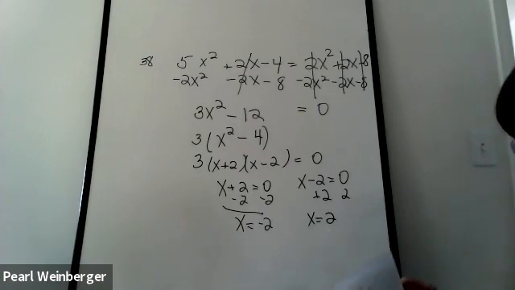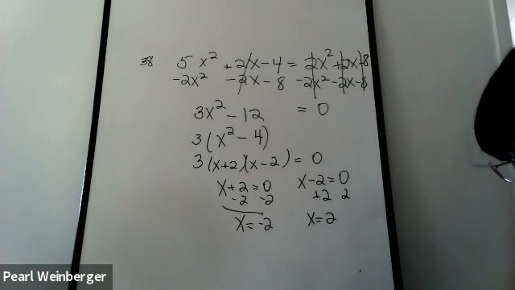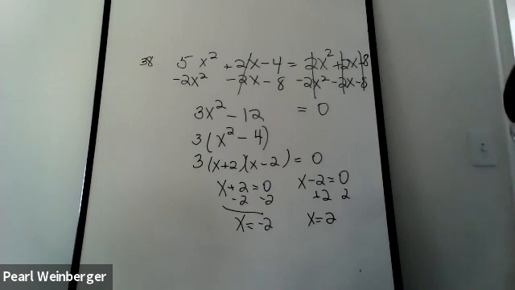I'm going to remind you that the topics that we've learned so far that are going to be on this test are systems of equations and polynomials: adding, subtracting, and multiplying polynomials, factoring polynomials, and solving quadratic equations. Those are the topics that are going to be on the next Delta Math quiz.